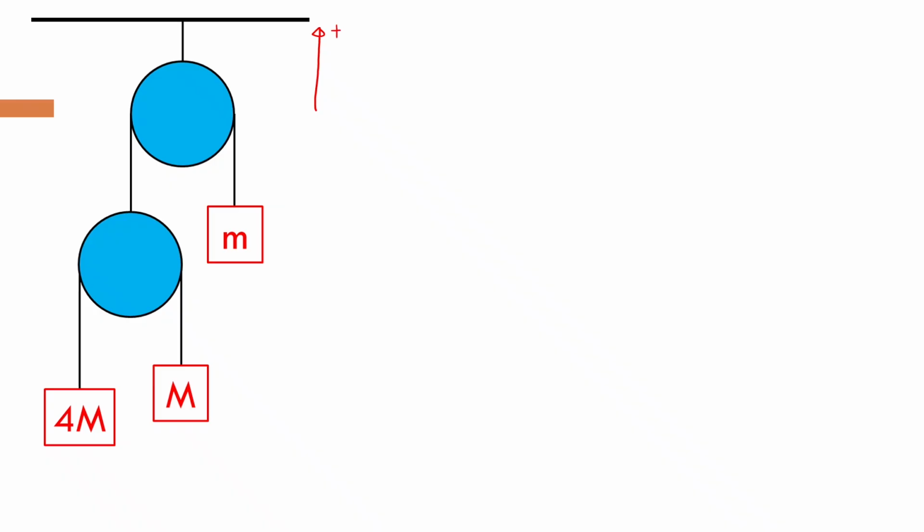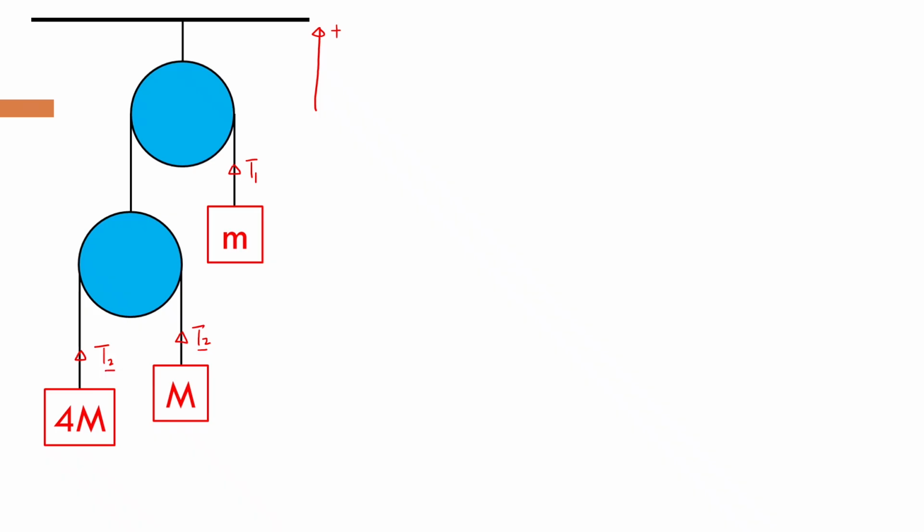Then I know on small m, I have tension. Let me call it T1. And on M, I also have a tension. I call it T2. And on 4M, I also have tension. I call it T2. The reason these two tensions are the same is because they are along the same string.